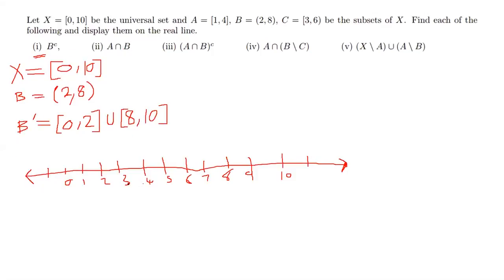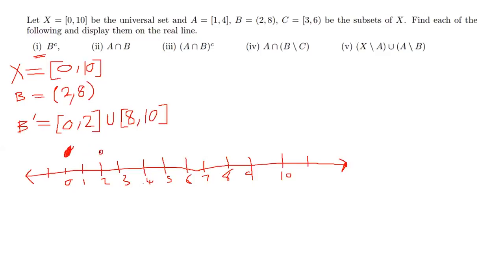So now, how do you show this on the real line? You start from 0 there. Is 0 closed or open? It's closed. So I'm going to write a circle there, and it's going to be shaded to show that it's closed. And from there up to where?